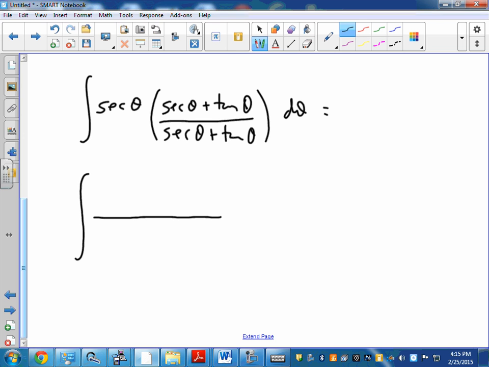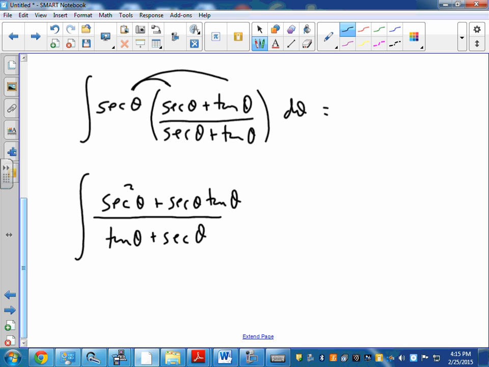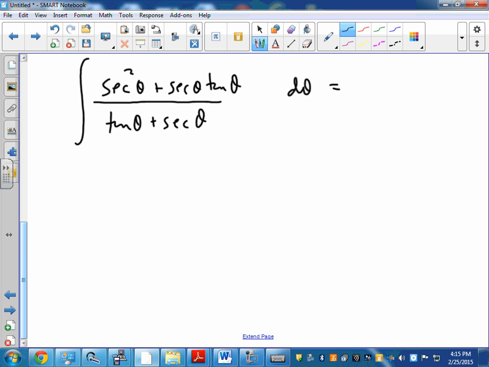On the bottom, we have the tangent of theta plus the secant of theta. And on top, we have secant squared of theta plus the secant of theta, tangent of theta. And we have our d theta. And lo and behold, this turns into 1 over ugly, tangent theta plus secant theta.